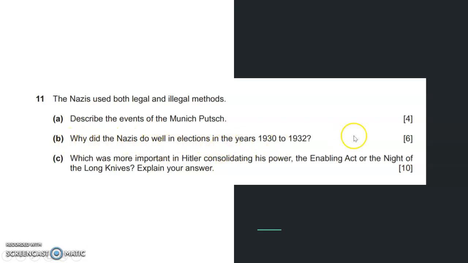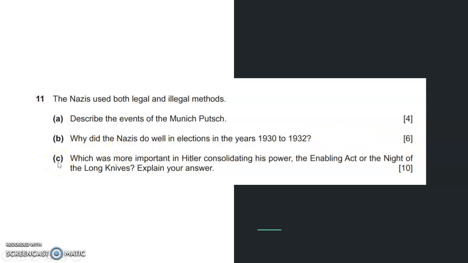For this part B, I would advise you to give 3 or 4 important points, and then explain them. Therefore you can score 6. You have to explain the things that you can remember.